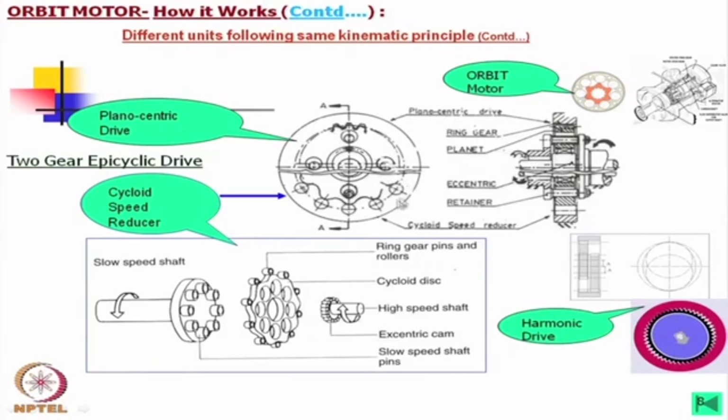Here, at the bottom I have shown the cycloidal, and at the top I have shown the planocentric drive, and this planocentric drive and this drive are the same. Only in this case we are using a flex gear, because by making the gear flex we can go for a 2 teeth difference, whereas in this case we cannot go for a 2 teeth difference, there will be a minimum 4-5 tooth difference. Anyway, that is a different issue, we are not going into that, but the kinematics which I have explained, all such machines fall in the same category. Okay.